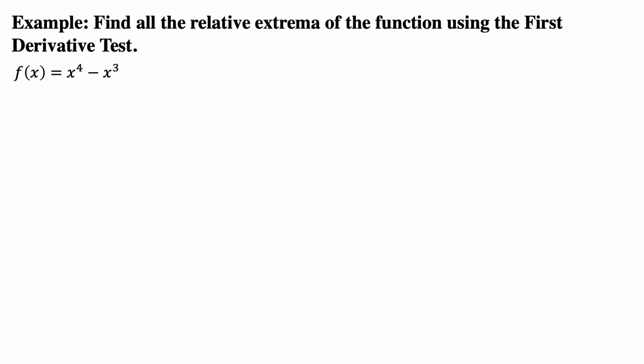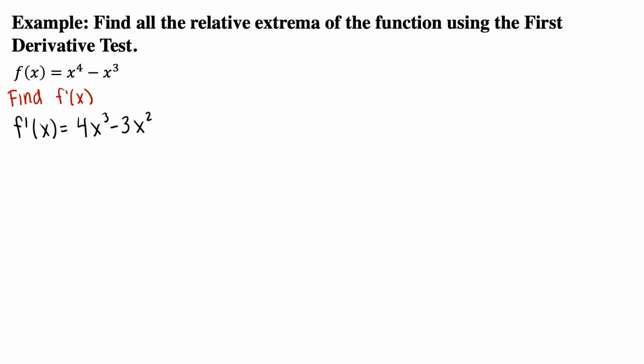Okay, so for our next problem, we're going to do this one all the way through, finding all of the relative extrema of the function using our first derivative test. So we're going to start just like we did yesterday. We need to find our derivative, our f prime of x. Using our power rule, f prime of x just equals 4x cubed minus 3x squared.